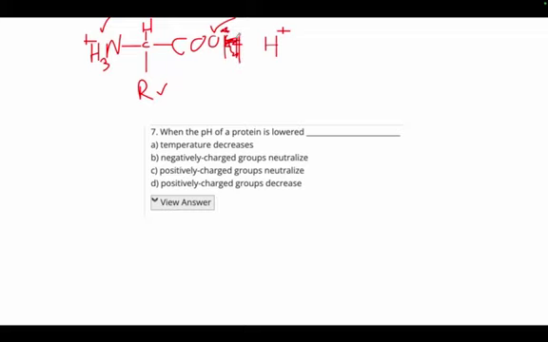So as we move to lower pH, basically the negative charge on the protein is reducing, or rather negatively charged groups will be neutralized, because equilibrium will shift towards the hydrogen associating here. So under low pH, negatively charged groups will be neutralized.